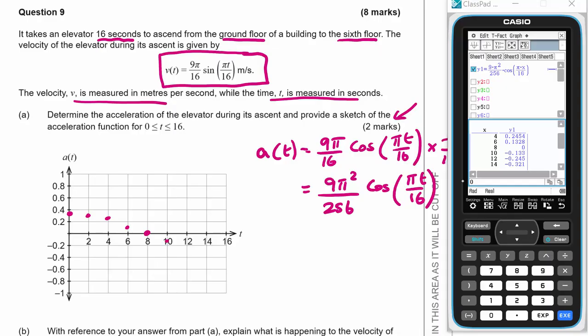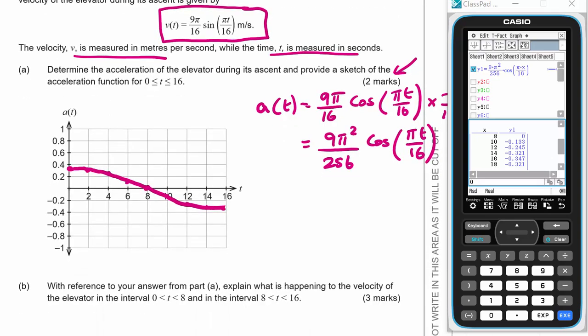Negative 0.245, so somewhere around there. Negative 0.32, and negative 0.35 is probably about there. So we know what a cos looks like. So it's probably going to look something like that. And I should of course end it at 16 seconds.